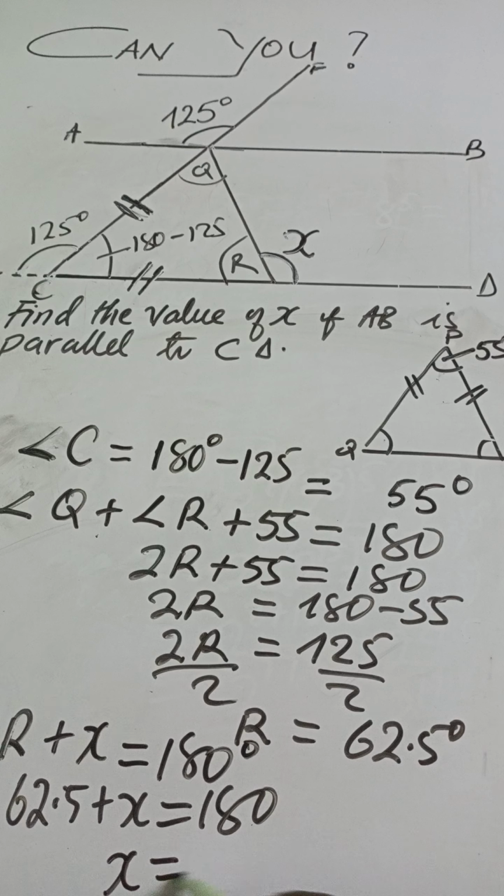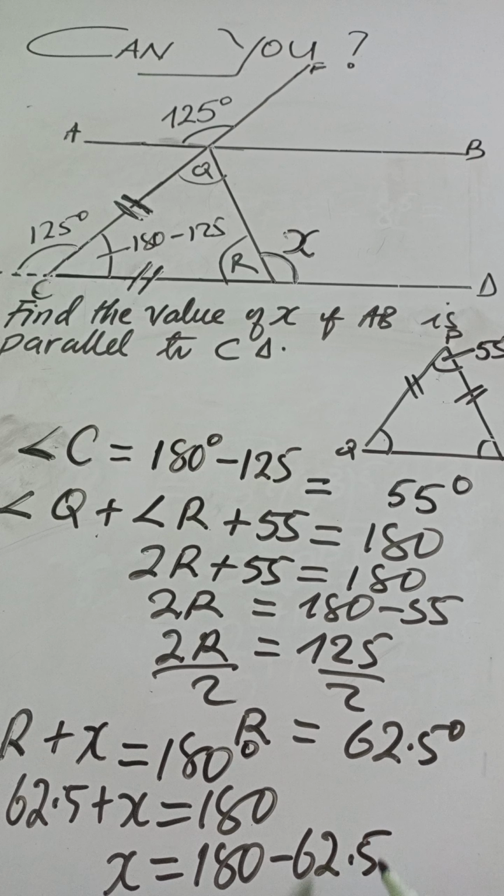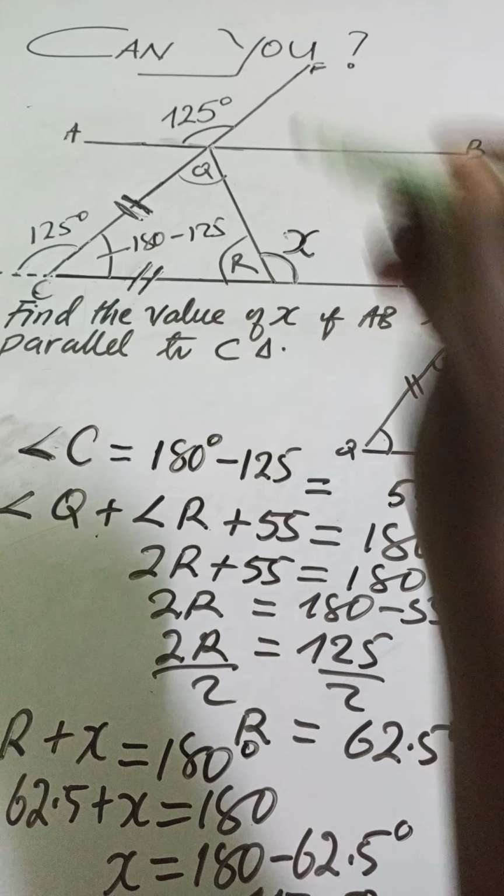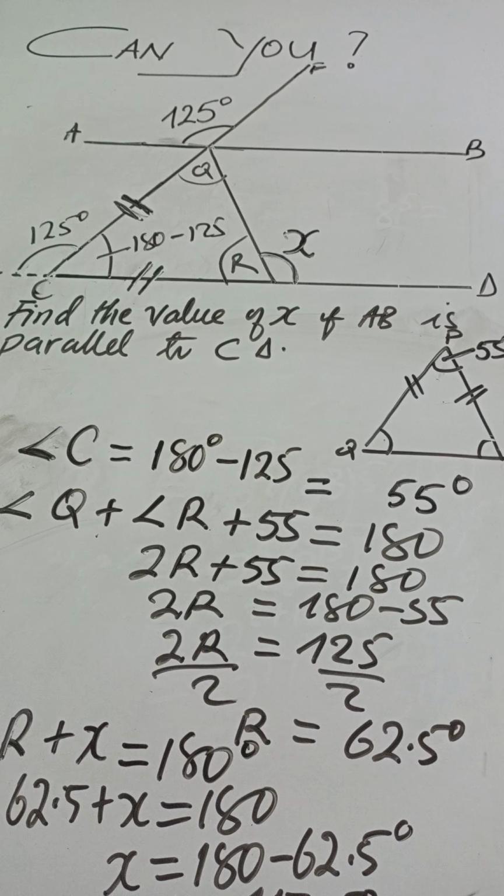Therefore, to have x, we have 180 minus 62.5 degrees, which should give you 117.5 degrees. So the angle x is 117.5 degrees.